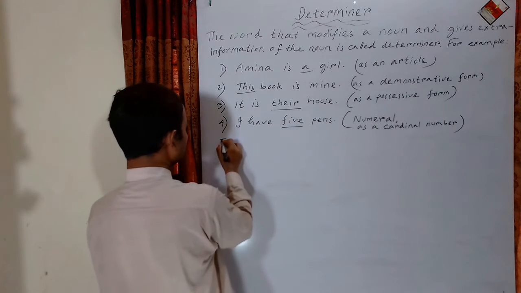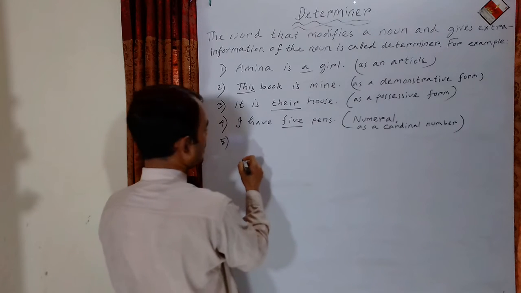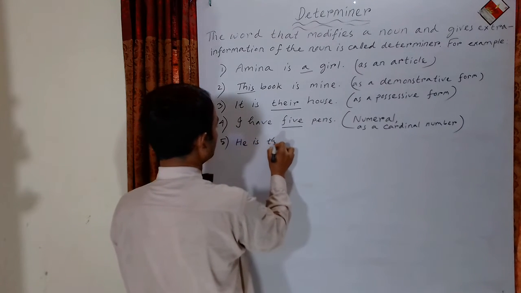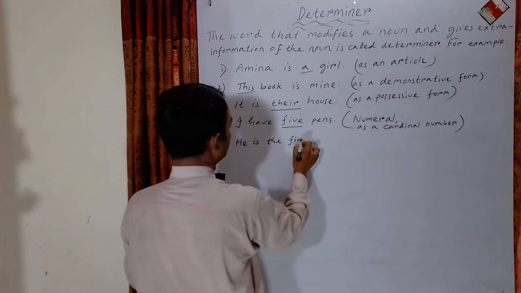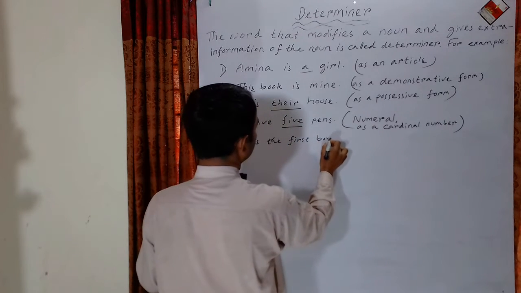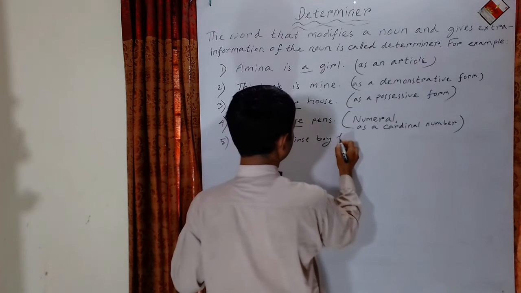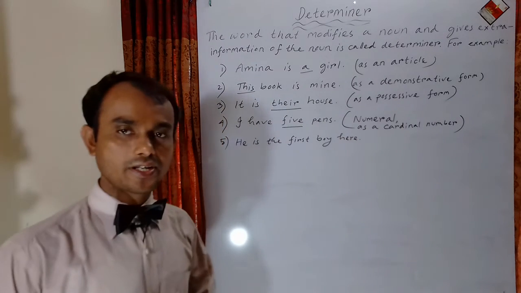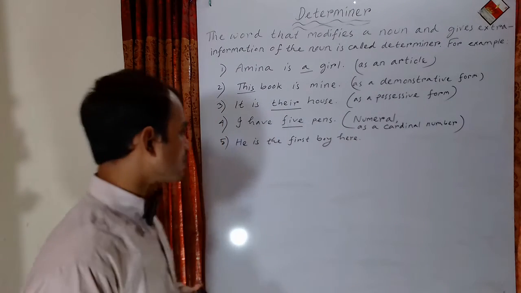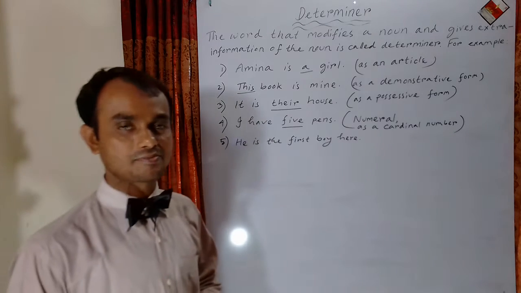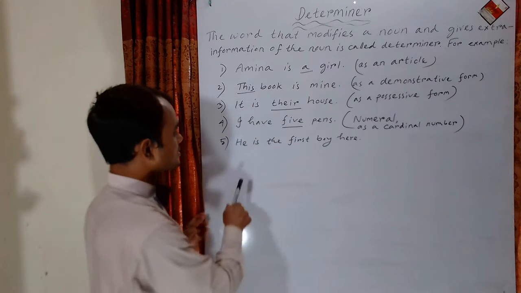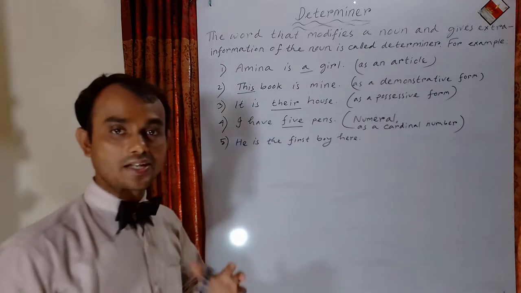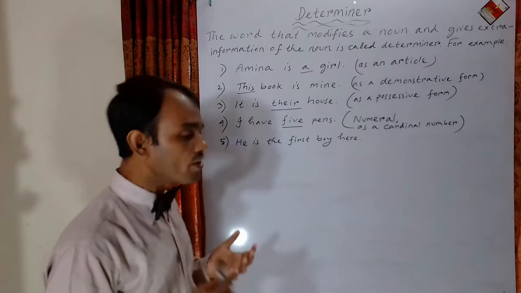The next example, five: He is the first boy here. I have already written another example. He is the first boy here. If you analyze the sentence, you will find a word first, that is a numeral, an ordinal number.